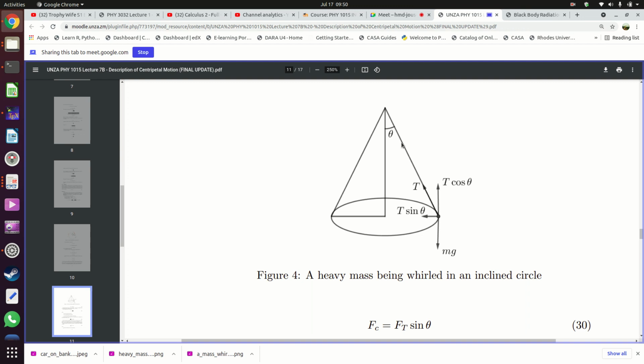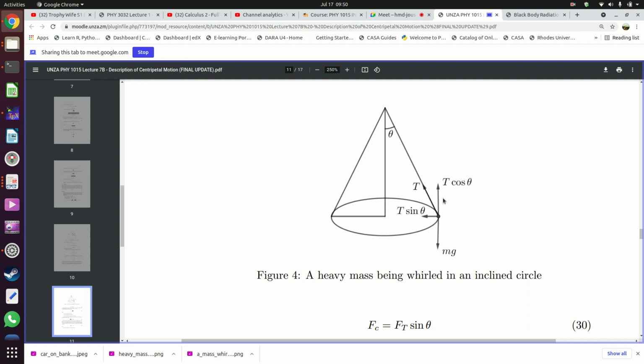There's tension in this rope, but what is keeping this mass in a circle is not the tension, but the x component of the tension, the horizontal component, which is written as T sine theta. This T sine theta is what is keeping the object moving in a circle.